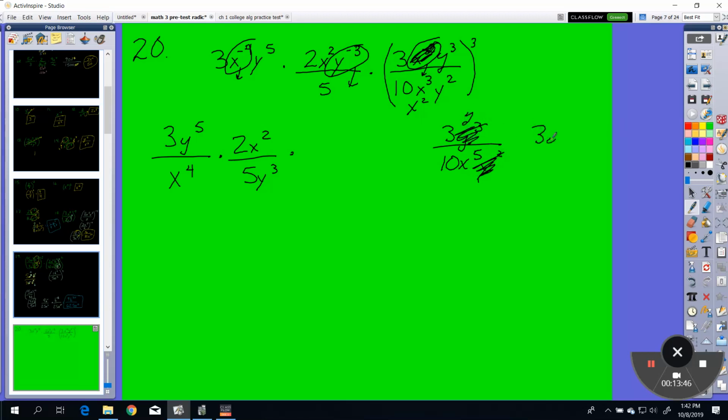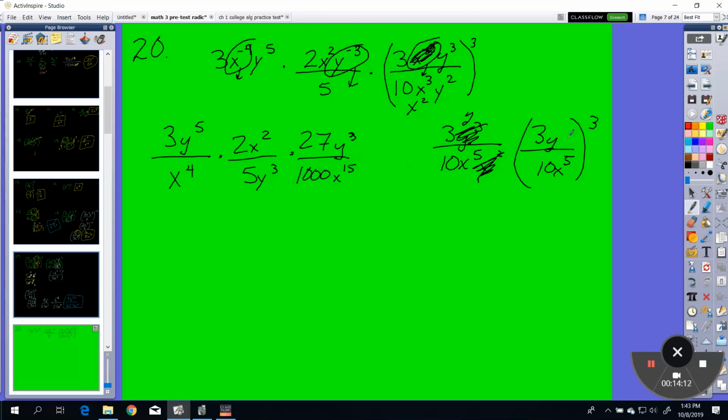So I have 3y over 10x to the 5th. That's still all cubed. So 3 cubed is 3 times 3 is 9, times 3 more is 27. Y cubed. On the bottom, 10 times 10 is 100, times 10 more is 1,000. X to the 15th.